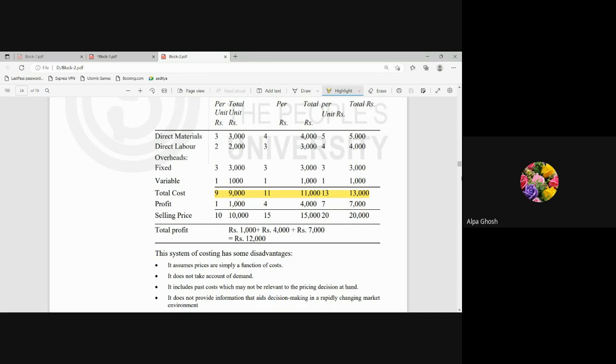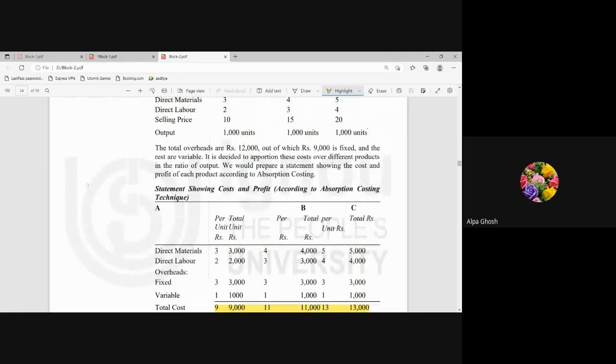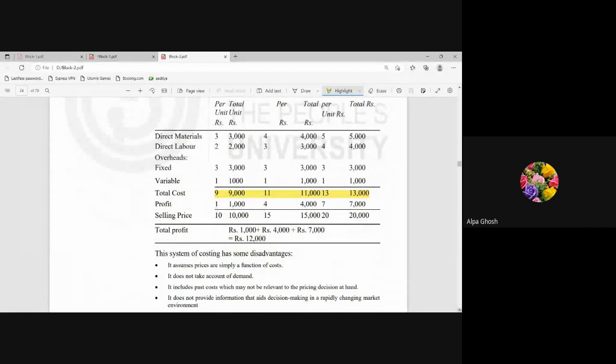If you come back to the question, you have been given selling price 10 rupees per unit and 1,000 is the unit. So 1,000 multiplied by 10 is 10,000, 1,000 multiplied by 15 is 15,000 and 1,000 multiplied by 20 is 20,000. So this 10,000, 15,000 and 20,000 is your total selling price.